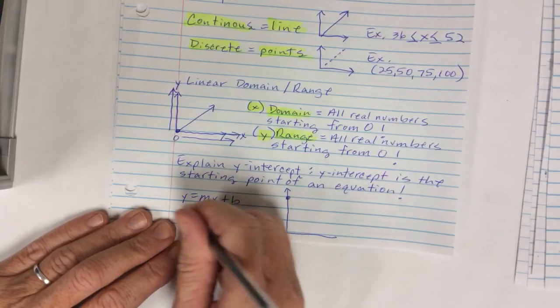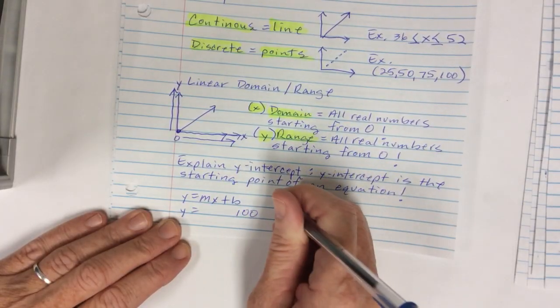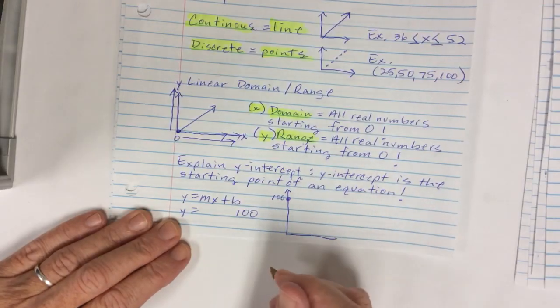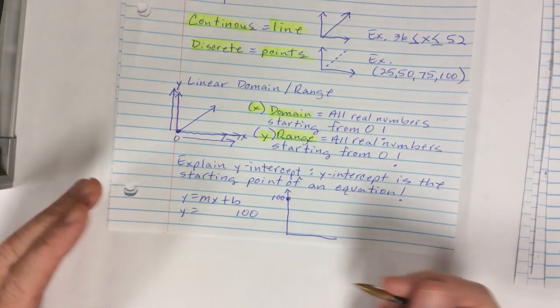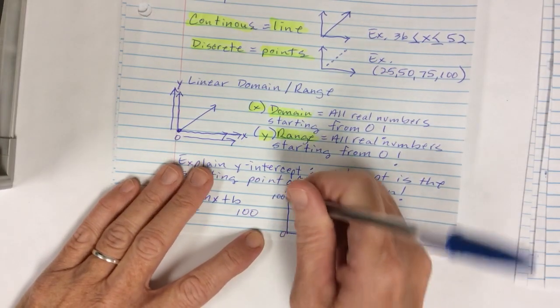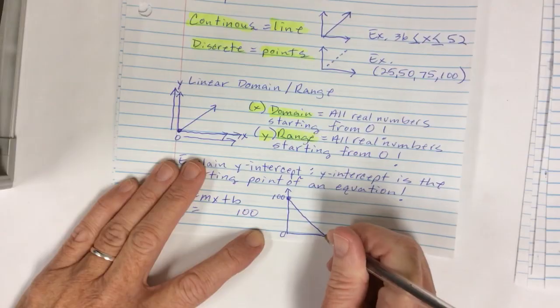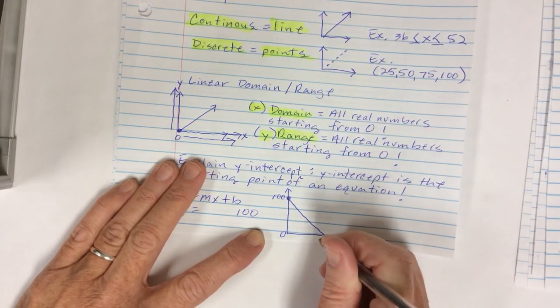Let's say you started with $100 and you spend so much each week that at the end of however many weeks there are, you have $20 left.